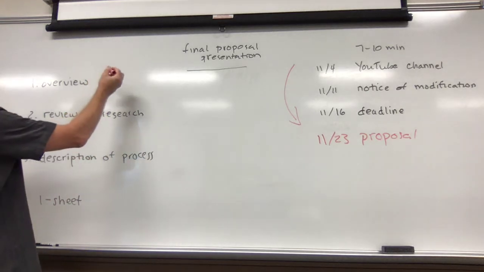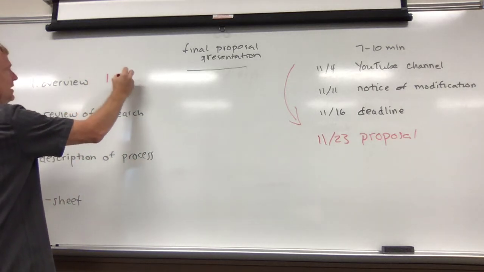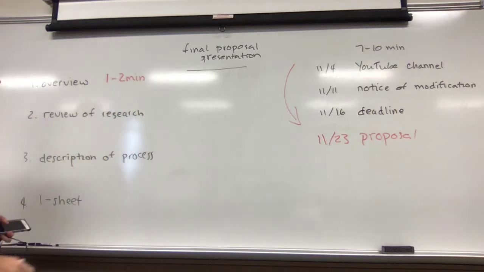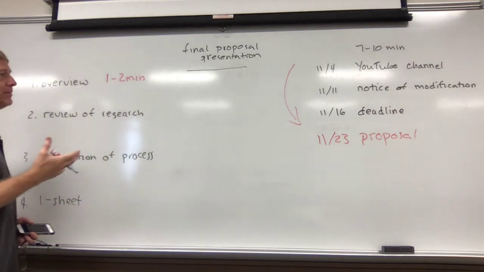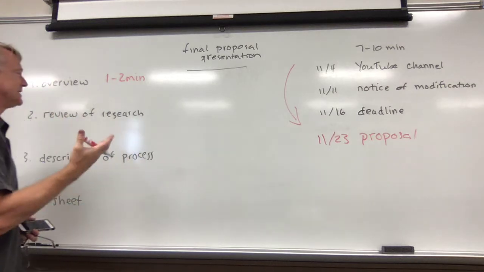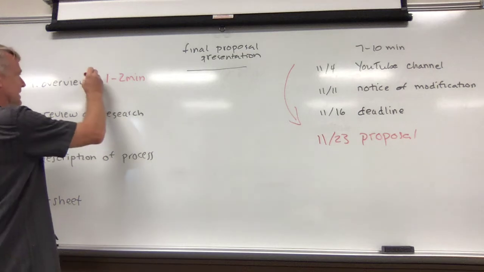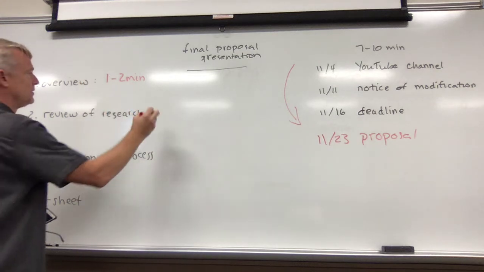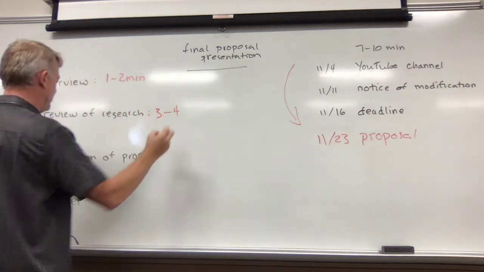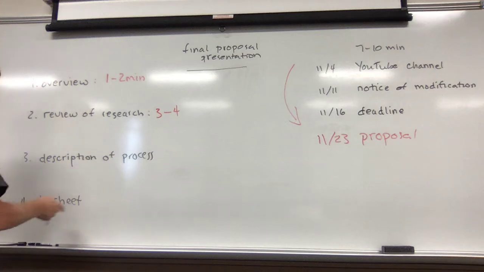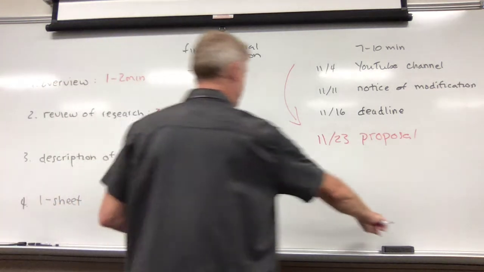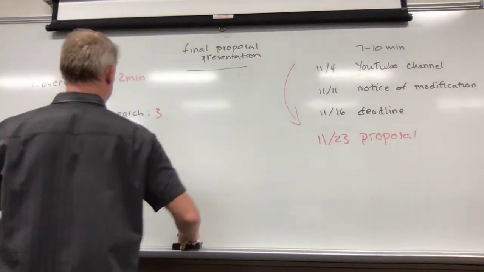So you may have, for your overview of the project, 1 to 2 minutes, reviewing the research that you've done to understand the project in a deeper level than just something to upload onto YouTube, for example. You may be looking at 3 to 4 minutes, or say approximately 3 minutes.